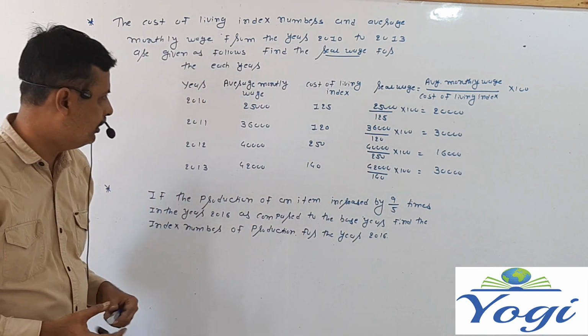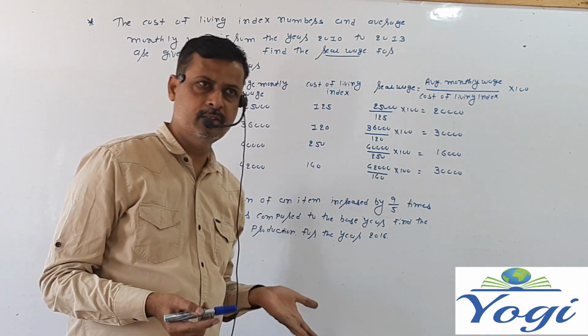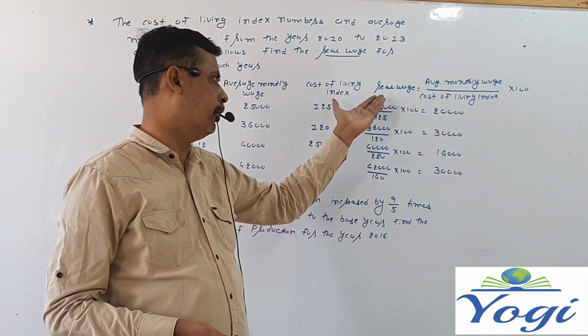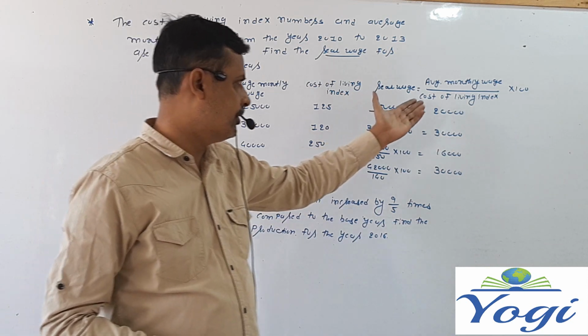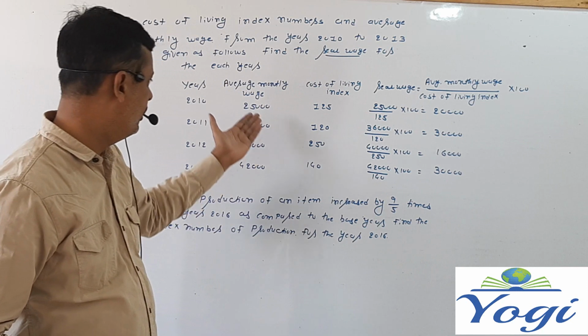So a very simple example. Every monthly wage and cost of living index are given. We just apply the formula: real wage is equal to average monthly wage upon cost of living index into 100.